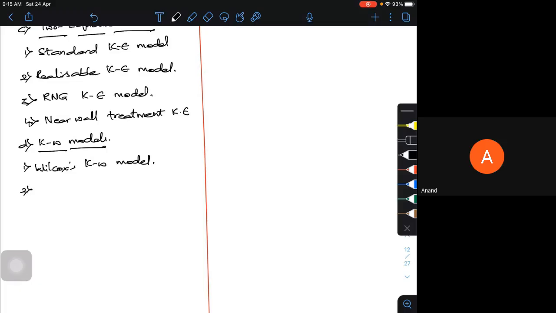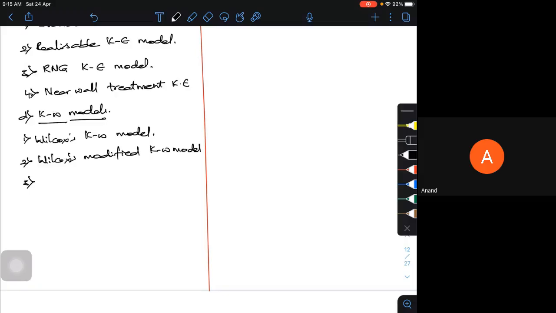Okay. Then we have what you people have been using, the SST K omega model.